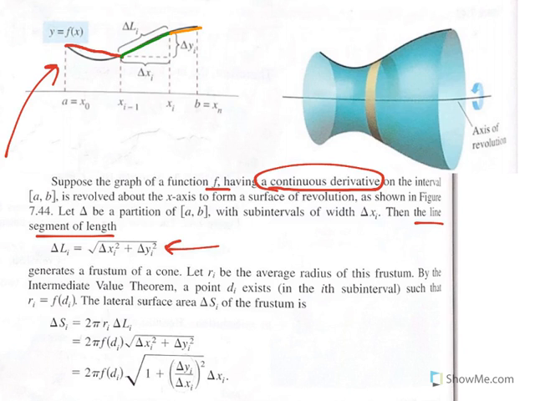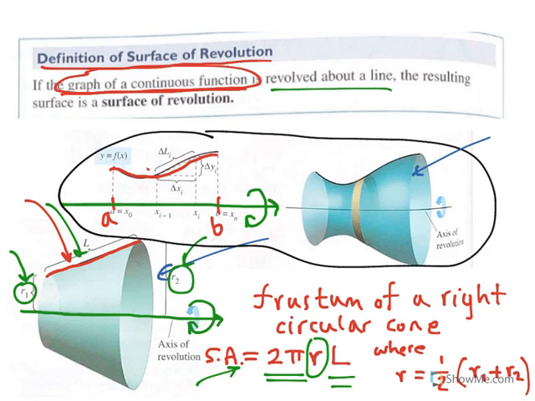And when you revolve each one of these individual line segments, what do you get? You would get a frustum of a right circular cone. And you know how to find the lateral surface area of such an object.